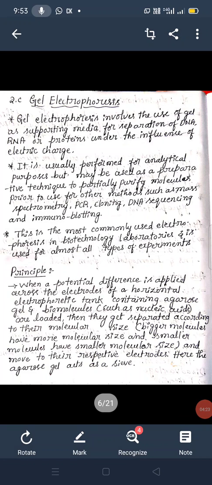Next, gel electrophoresis. Gel electrophoresis involves the use of gel as a supporting medium for separation of DNA, RNA or proteins under the influence of an electric charge.